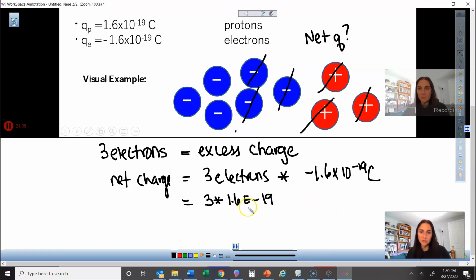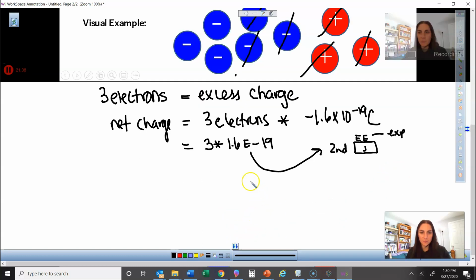Just a little fun fact, you have to press second, and the button actually looks like the comma. This is a TI-84, but there's a double E right here. This is for doing large numbers like exponents. E here means times 10 to the whatever.